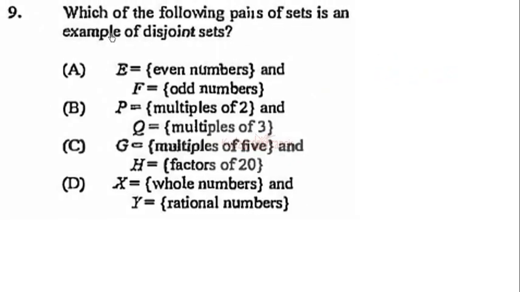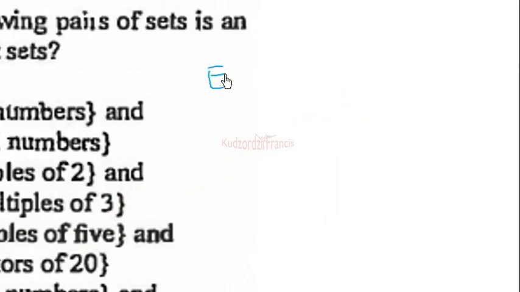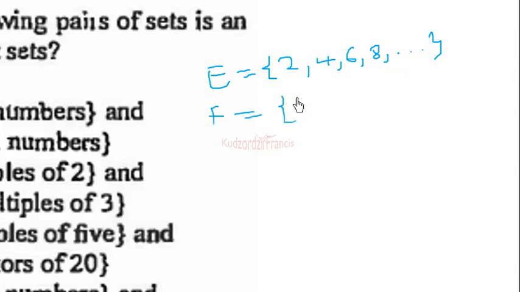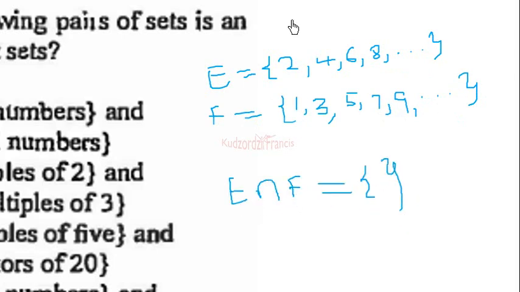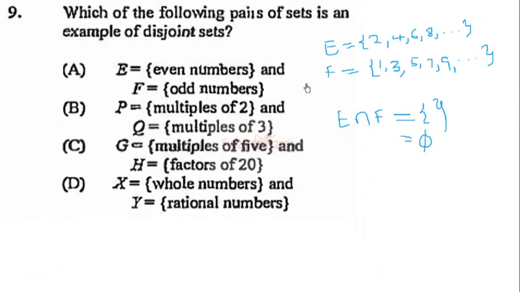Now let's look at question 9. We want to find a set that is disjoint. Let's start with the first one. Let's list some even numbers: 2, 4, 6, 8, etc. Then some odd numbers: 1, 3, 5, 7, 9, etc. The intersection will be nothing, so the intersection is a null set, meaning the two sets are disjoint.